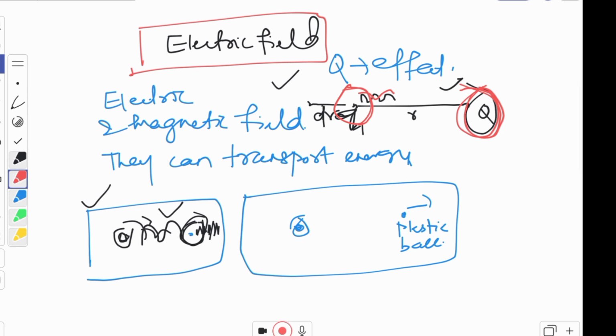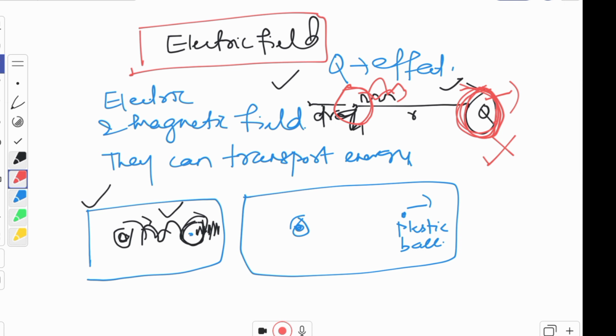Now another important thing. See, children, if this charge Q is absent, can you tell me, will the absence of this charge Q stop the generation of the electromagnetic wave over here?